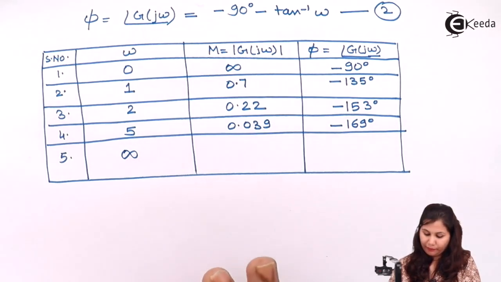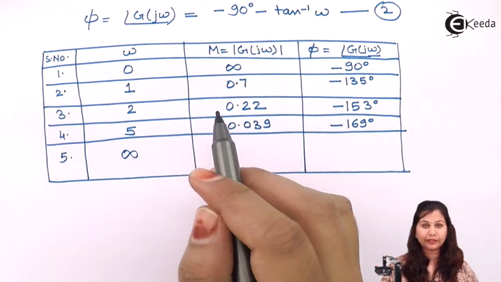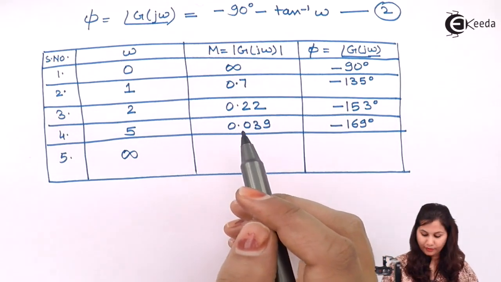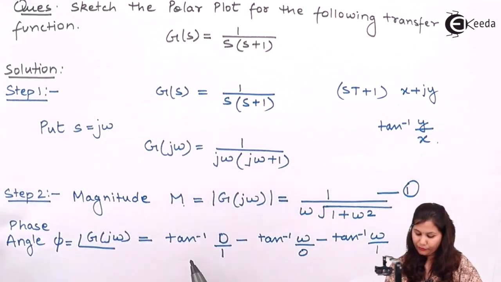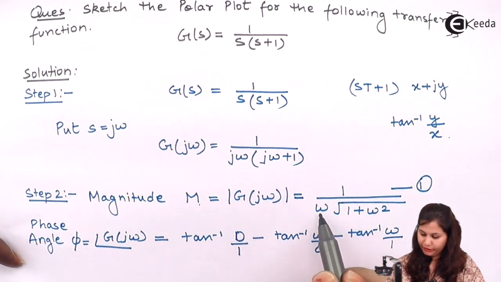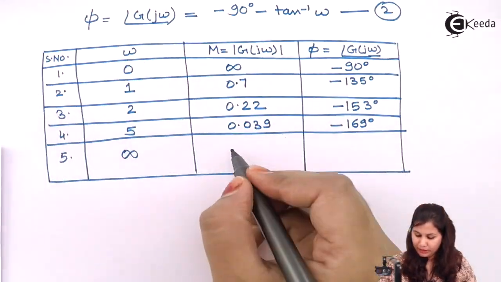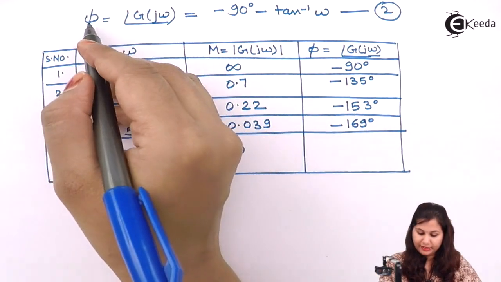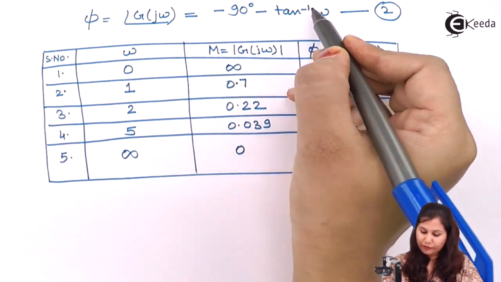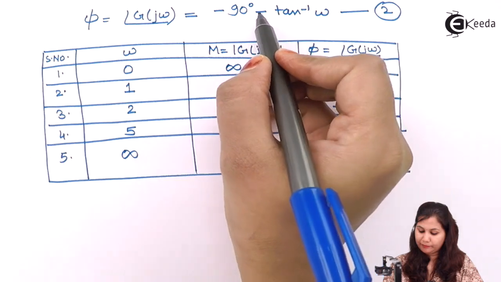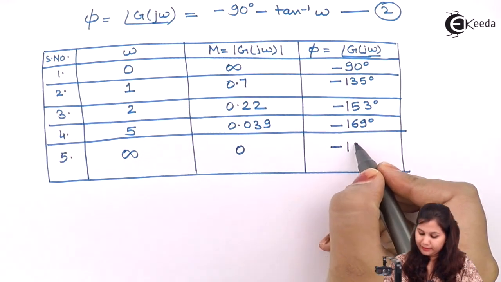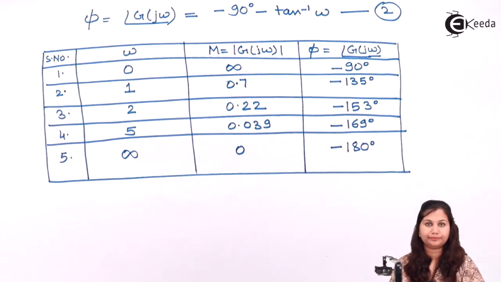So if we put infinity in the magnitude expression, magnitude here is 1 upon infinity, so the magnitude will be 0. And in the phase angle, minus 90 minus tan inverse of infinity, which is 90 degrees. So minus 90 minus 90, it means minus 180 degrees.